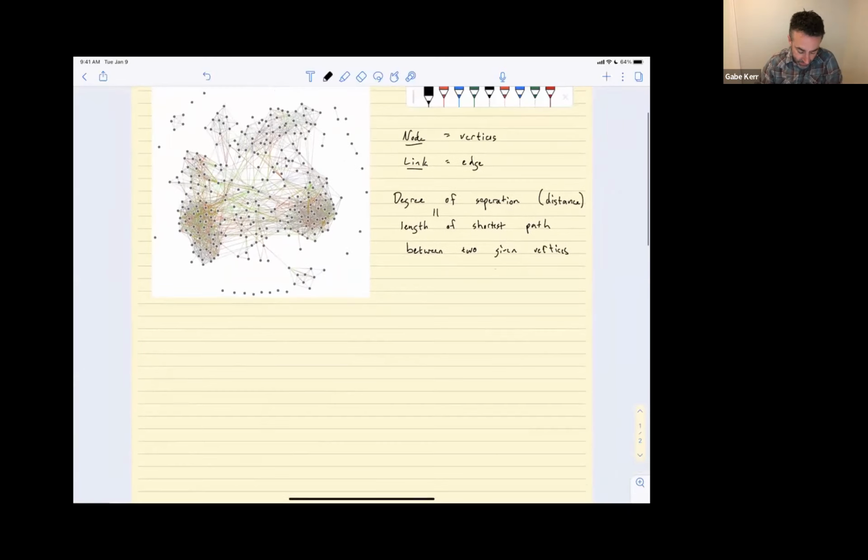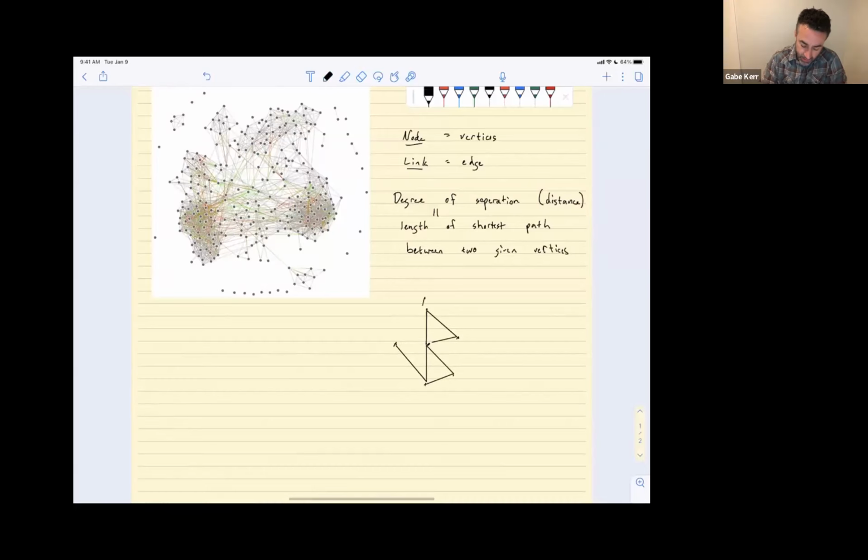So I won't use that graph, but I'll just draw another graph, say something like this. Actually, let me get rid of this one.